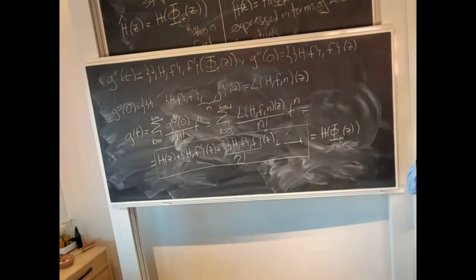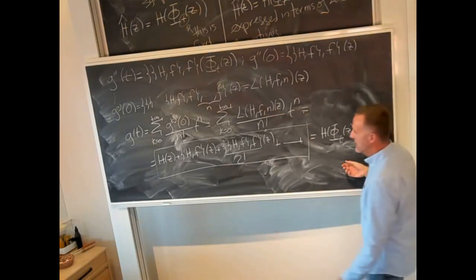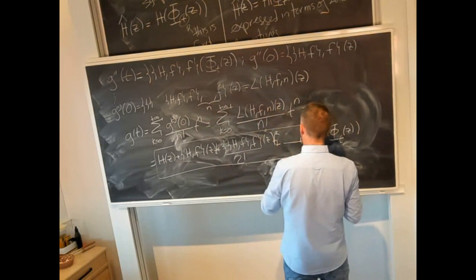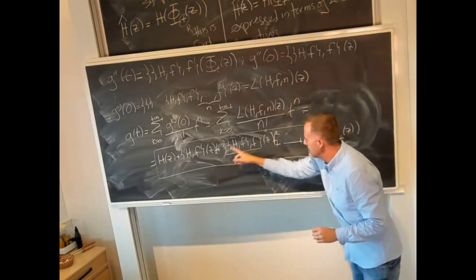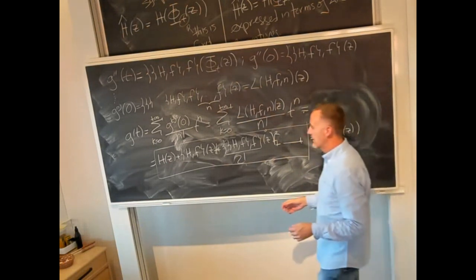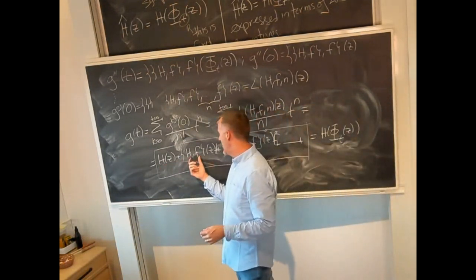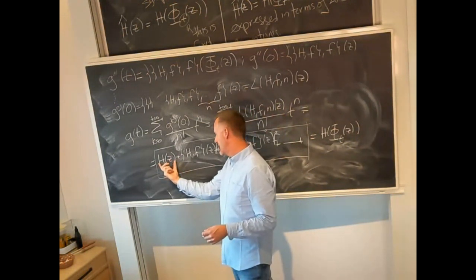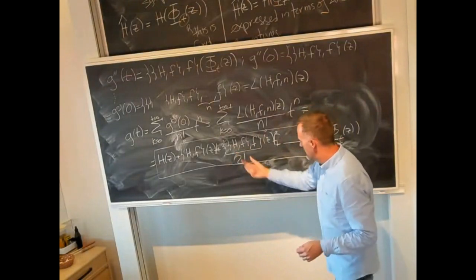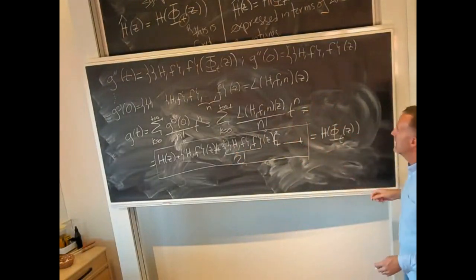And all its coefficients are computable term by term. In principle, given h and f, you have h of z, then you can compute these partial derivatives, and so on and so on.